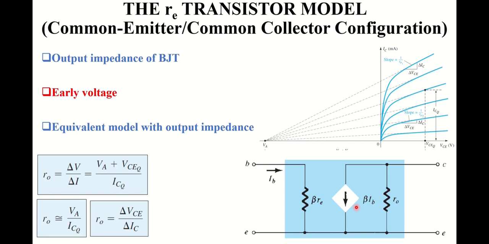This equivalent circuit diagram consisting of three components, including input resistor beta RE, controlled current source dependent on the base current, and output resistor R0 connected in parallel, will be used for the AC analysis of common emitter configuration throughout this text.